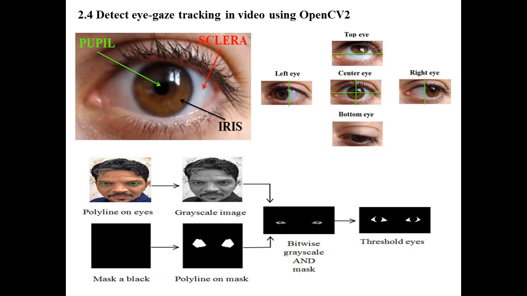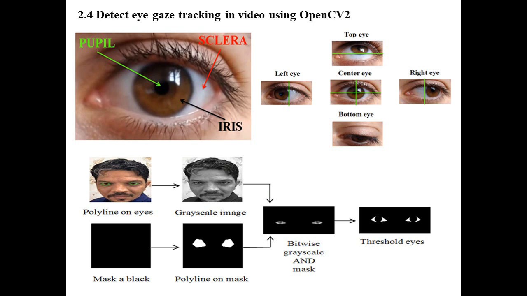Fourth, detecting eye gaze tracking in video using OpenCV. Identifying and analyzing the eye image consists of 3 primary parts. The first part of each person's eye is called the pupil, which appears as a black circle in the center of the eye.